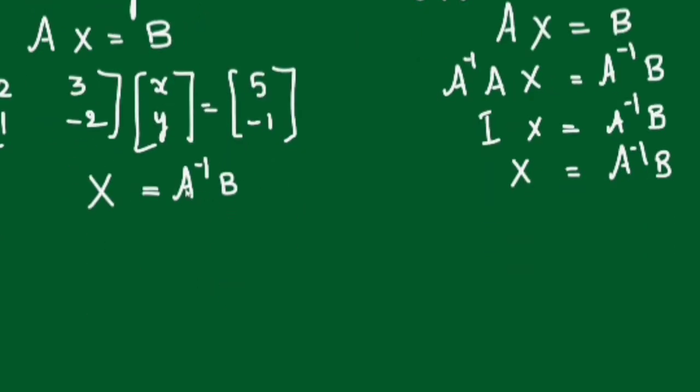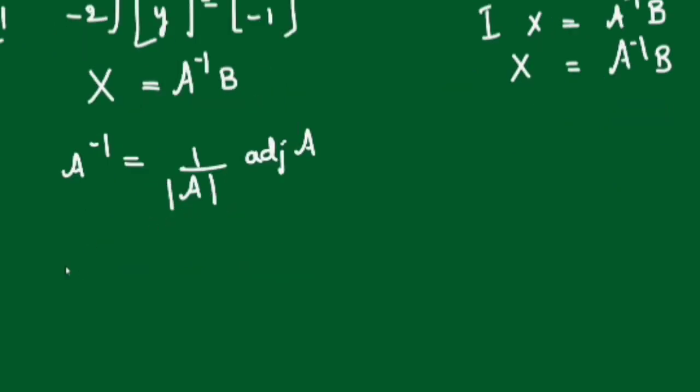So we have to find A inverse. Can you tell me what is the formula to find A inverse? 1 by determinant of A into adjoint of A. So let us first find the determinant of A. Matrix A: 2, 3, 1, minus 2.